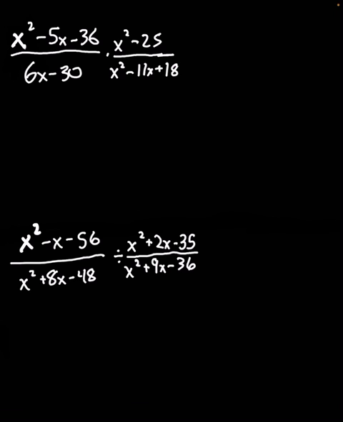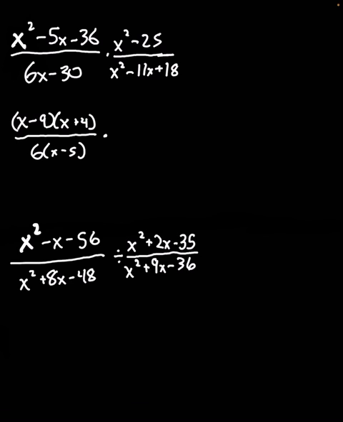So the first thing we want to do, let's look at the numerator. Let's factor this as x minus 9 times x plus 4. Then in the denominator, the greatest common factor is 6, so that's going to be 6 times x minus 5.